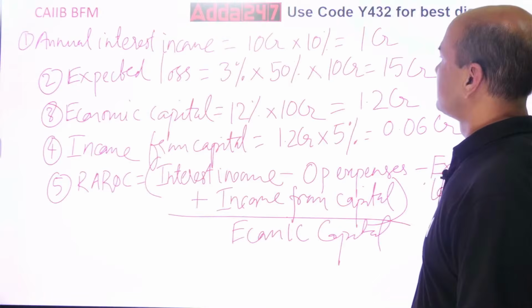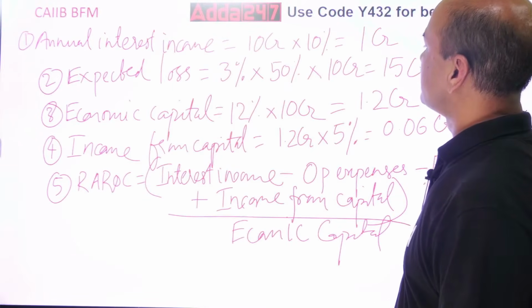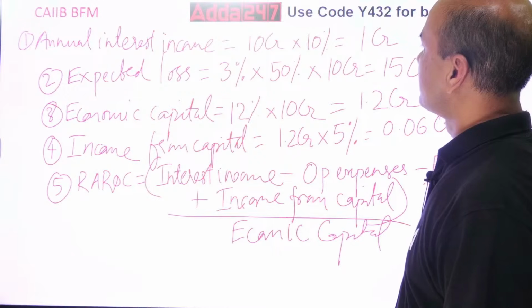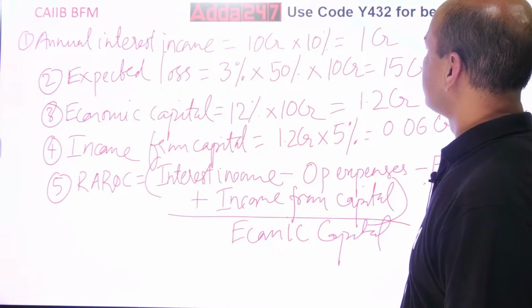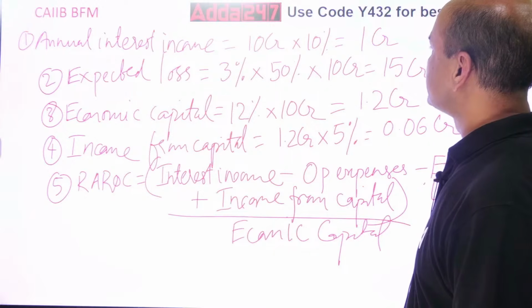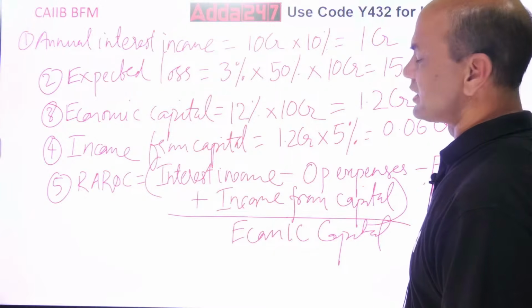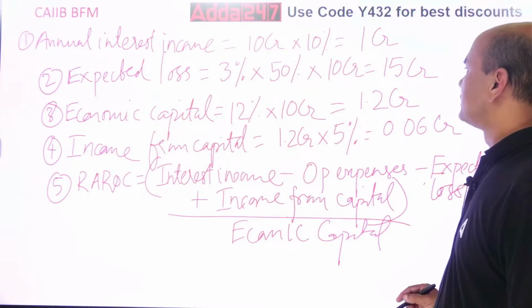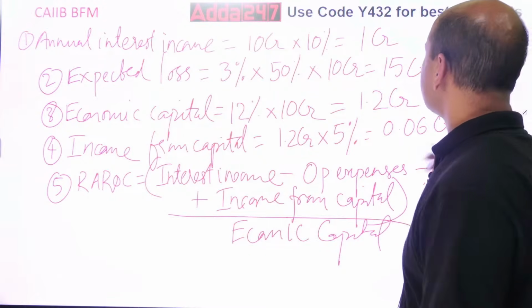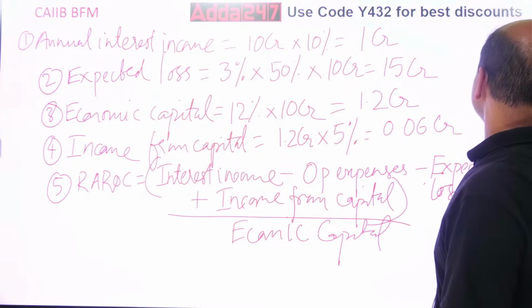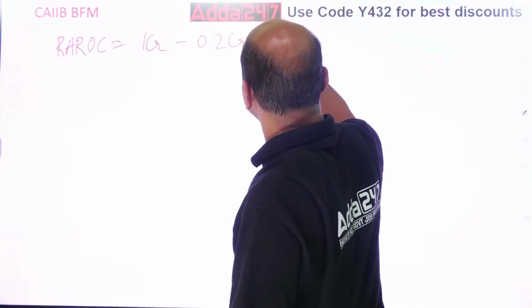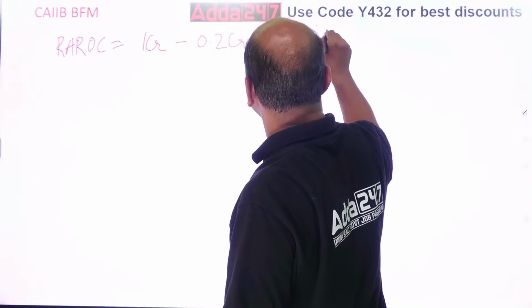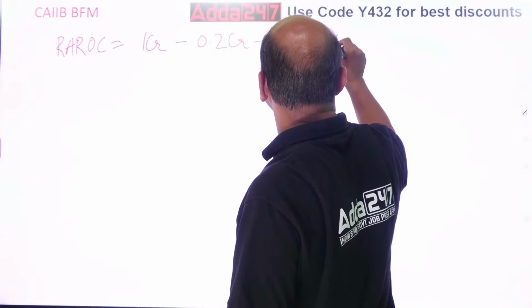15, or is it 3 into 10 CR? Yeah, 10 CR is the interest income, 1 CR, yeah. Minus expected losses 15 CR, correct. So this overall project will be in a loss, 15 CR. It is huge. Okay, plus something is there.